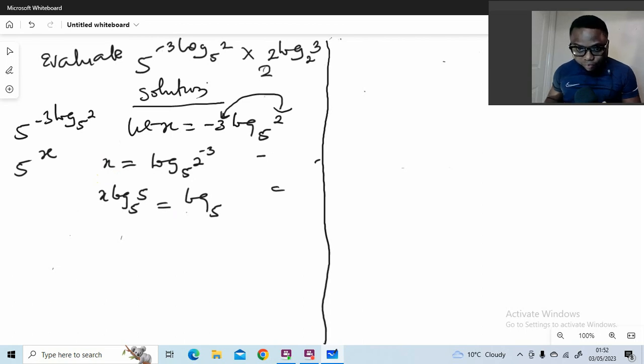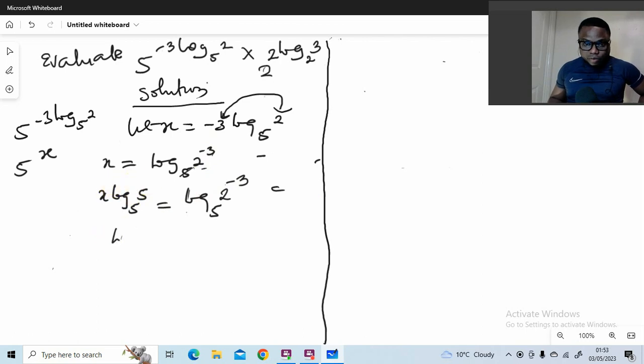So now, log 5 of 2 raised to the power of minus 3. Now, I'm going to apply the power law as well here.